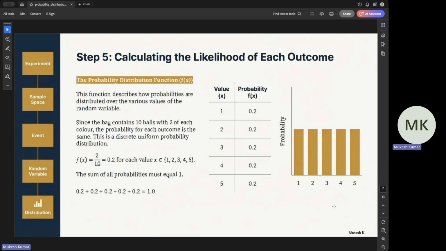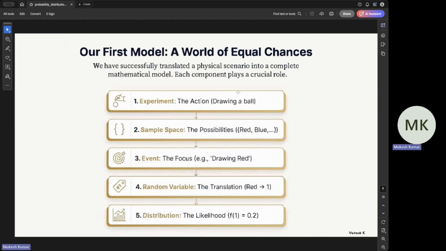Similar is the case for balls of other colors. So we have now approximated our first model. It corresponds to a bag containing 10 balls, each with different colors, and each color being 2 in number. So here we define the experiment, the action, which is drawing a ball.